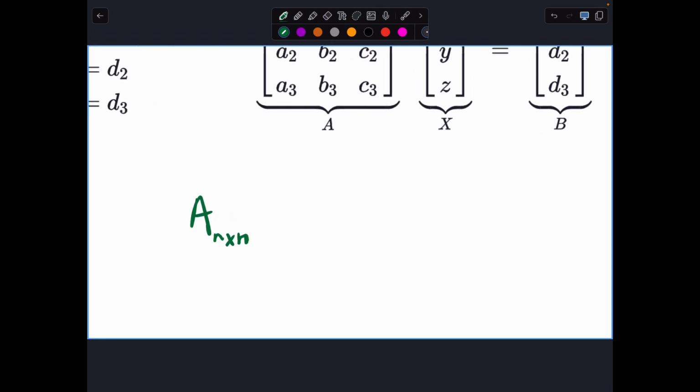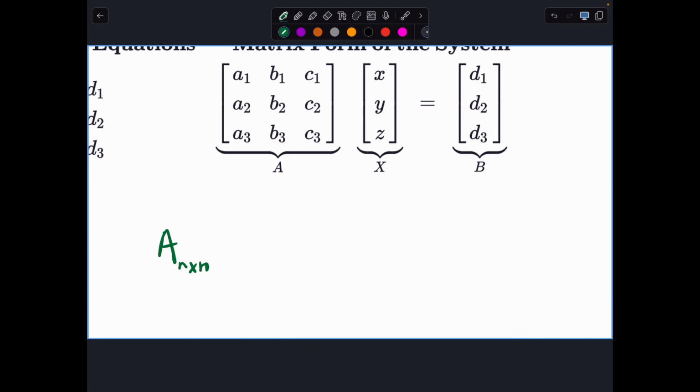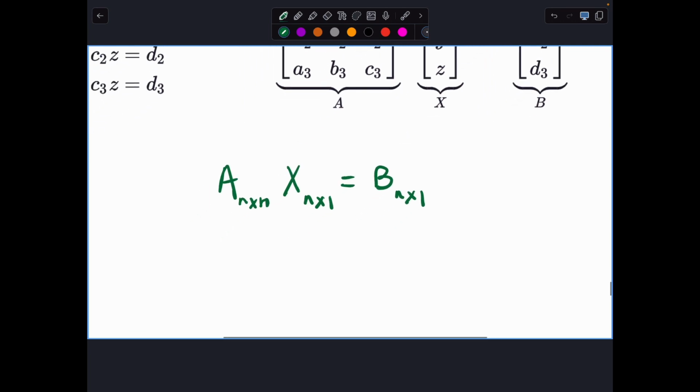So A is an n by n, and then X would be an n by 1, and B would also be n by 1.